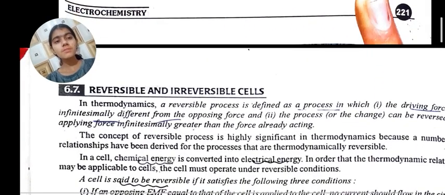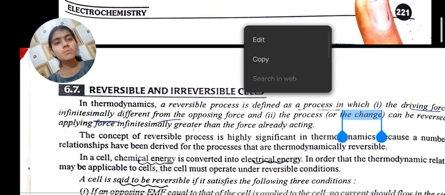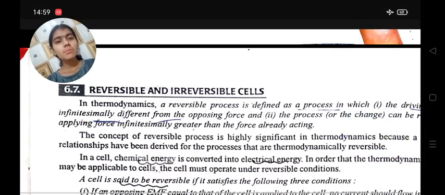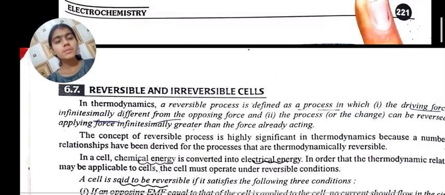Reversible and irreversible cells. In thermodynamics, a reversible process is defined as a process in which the driving force is infinitesimally different from the opposing force, and the process can be reversed by applying a force infinitesimally greater than the force already acting.